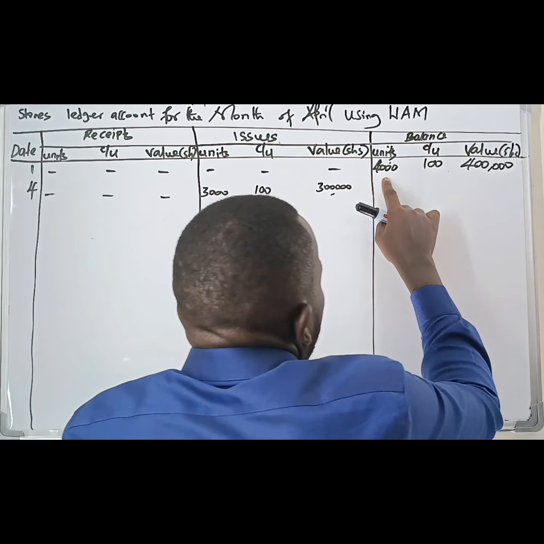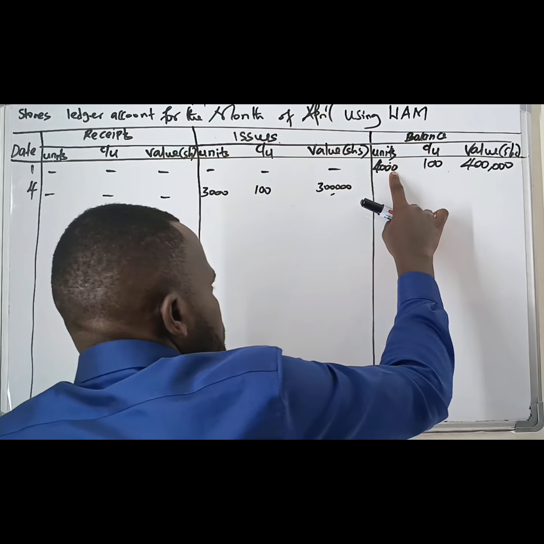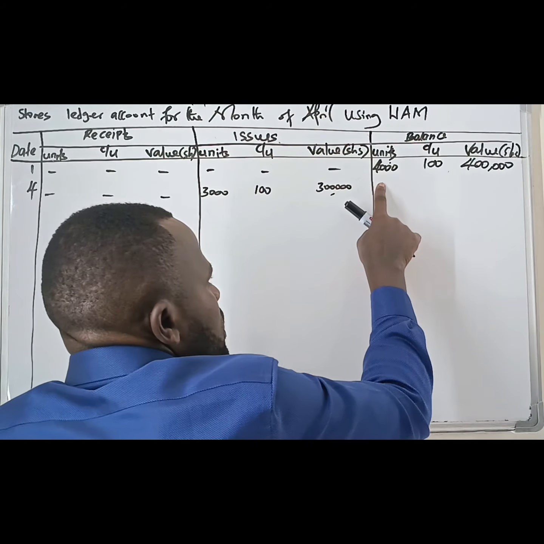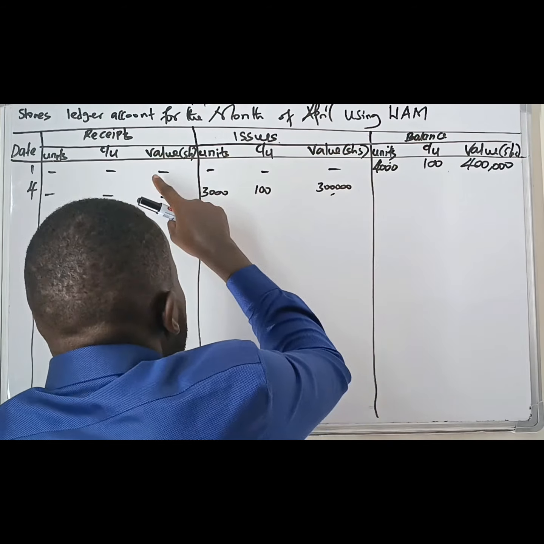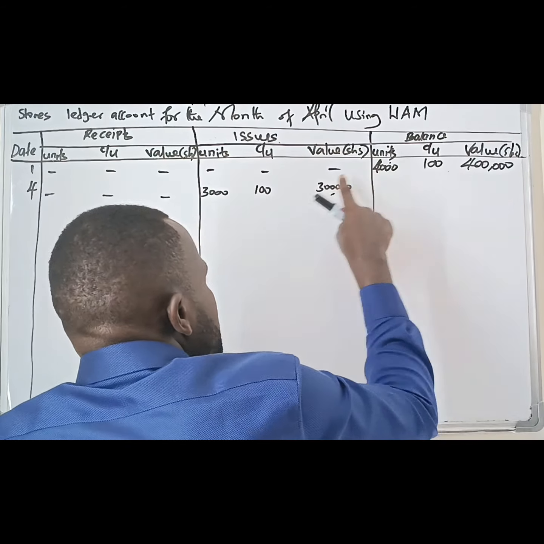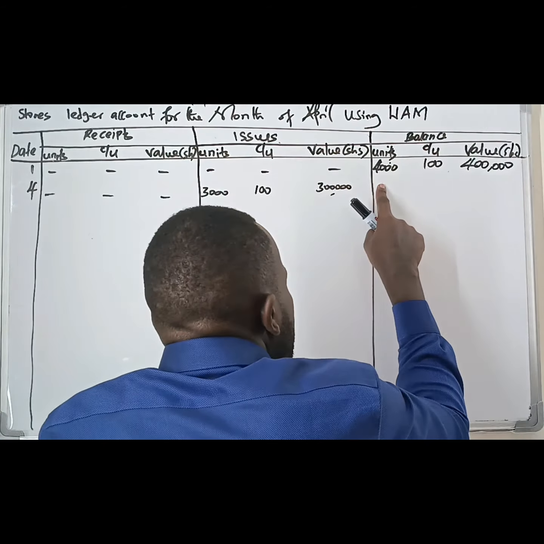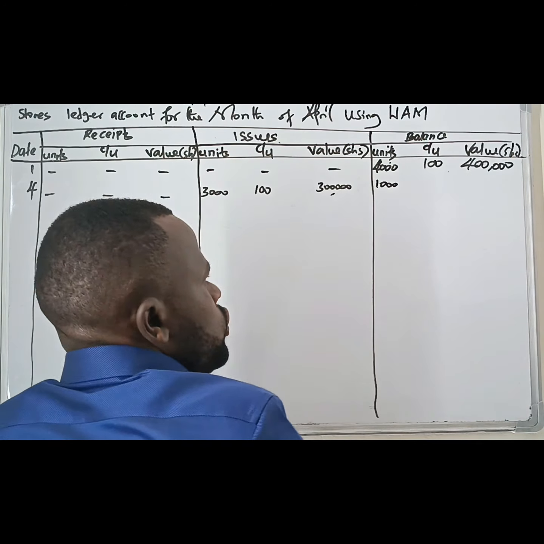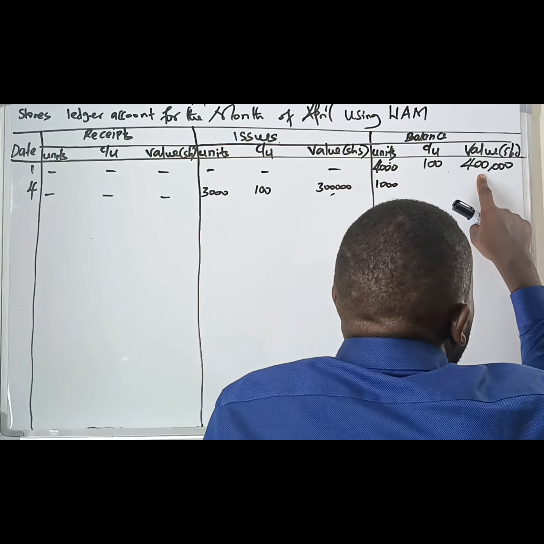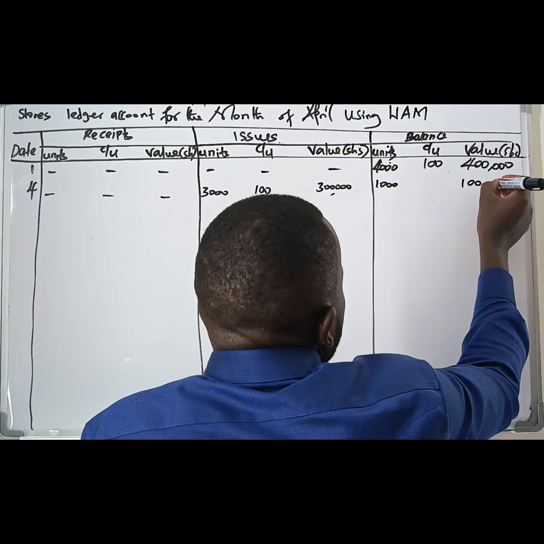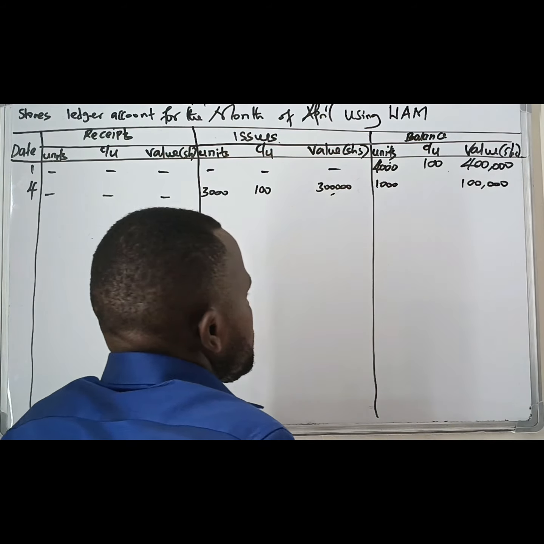What is the balance? You had 4,000. You have sold 3,000. What is remaining? It will be 4,000 less what you have sold. You get what has remained as 1,000 in terms of units. Do the same in terms of value: 400,000 less 300,000, you'll get 100,000.